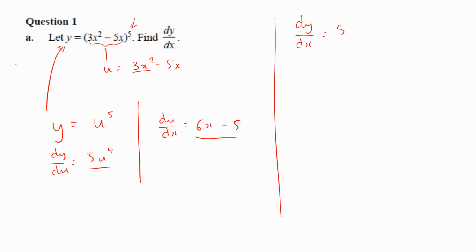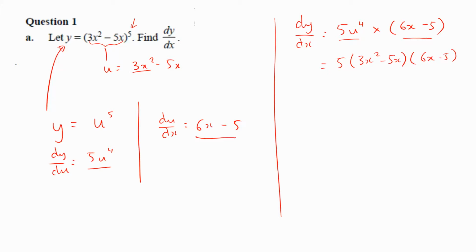If I write it out, it's 5u to the power 4 times, and I'm going to use brackets so I don't make a mistake, (6x minus 5). So that's your dy/du, and that's your du/dx. Replace the u again, and that becomes 5 times (3x squared minus 5x) to the power of 4 times (6x minus 5).